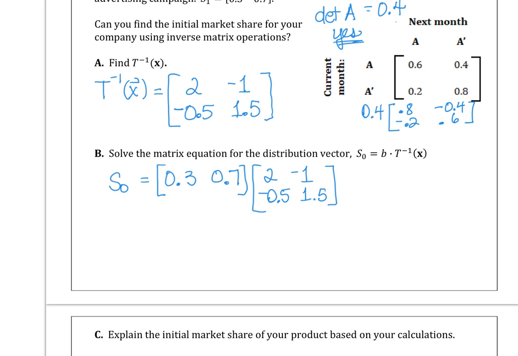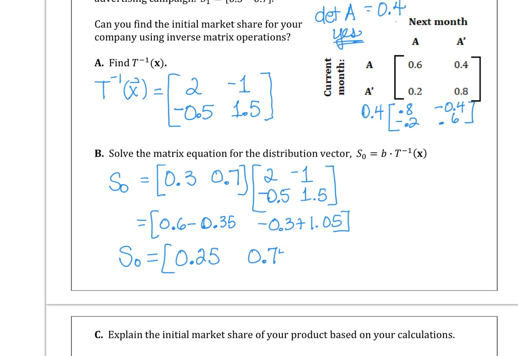And performing those operations, we're going to get 0.6 minus 0.35, and then -0.3 plus 1.05, if I did that right. Okay, so we're going to get our steady state. Our initial is 0.25 and 0.75. So this is our initial. We found the S sub naught.